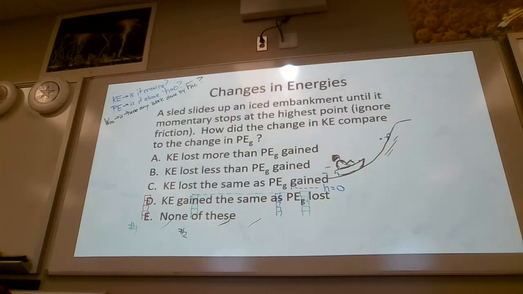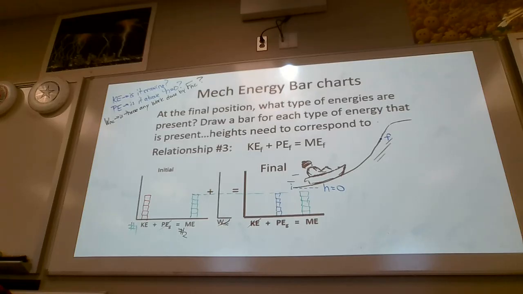How did the change in kinetic energy compare to the change in potential energy? So looking at these bar charts, the kinetic energy, was it gained or lost? It was lost. We went from something to nothing. Okay. What was the value of the change? -5 pennies. Okay. Did potential energy gain?